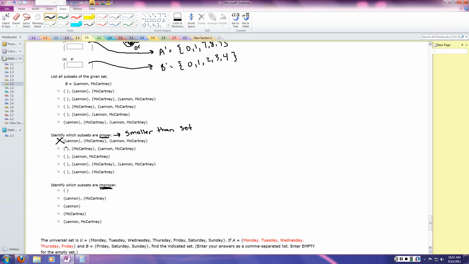So if B is Lennon and McCarthy, then the empty set and then having a set of Lennon and having a set of McCarthy separate would be all proper subsets. You can see Lennon and McCarthy is the set, so obviously they're not proper. And then this is Lennon, and because a proper subset is smaller than the set, and this is the same size as the set. So your correct answer here would be the empty set, just Lennon and just McCarthy.